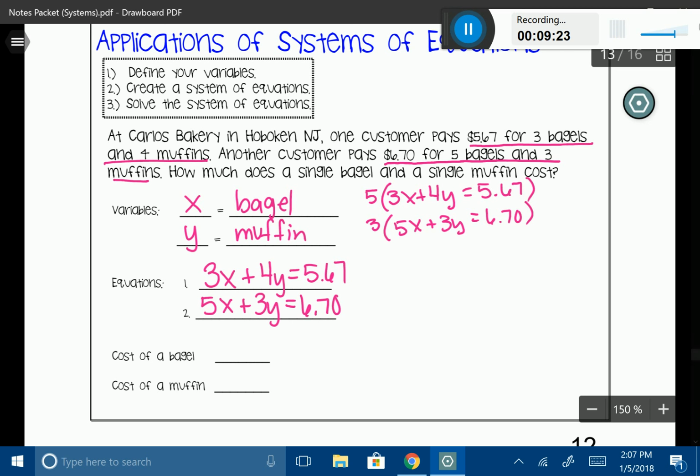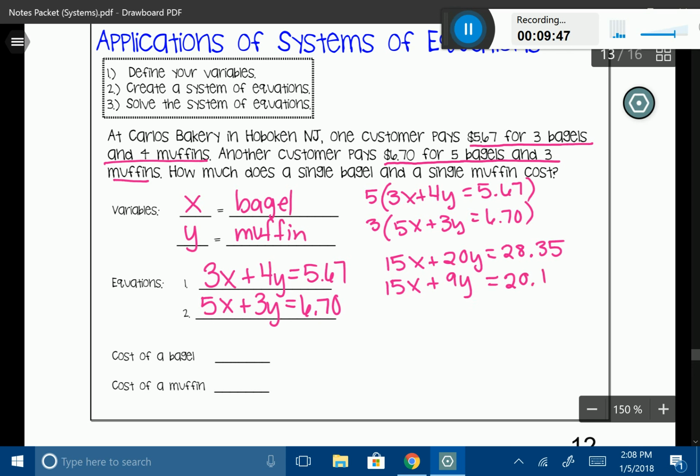So that's going to give us 15x plus 20y is equal to $28.35. And then if we multiply 3 by the bottom equation, that's going to give us 15x plus 9y is going to be equal to $20.10.